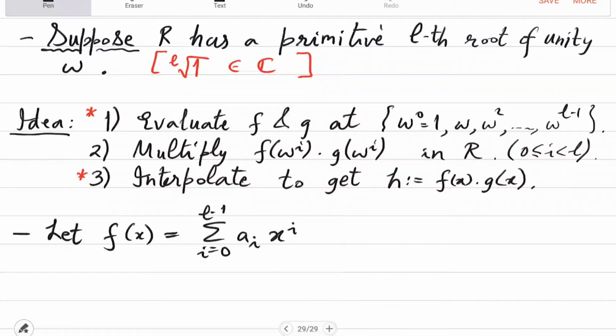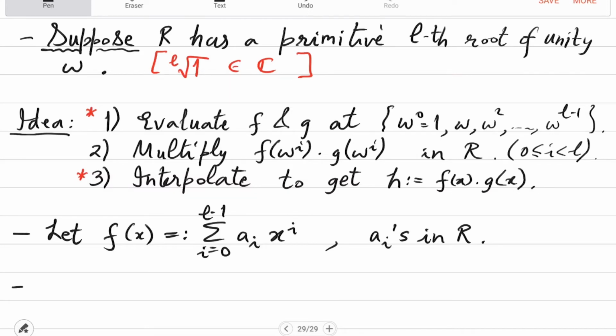So say the polynomial is, I said degree L, but say this is L minus 1. So there are L coefficients, A0 to A L minus 1. The AIs are in the ring R. So let's take this as the definition of AIs.